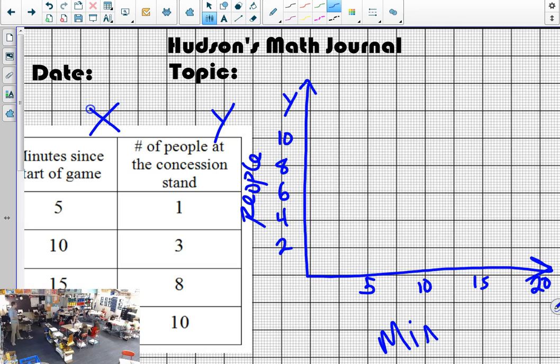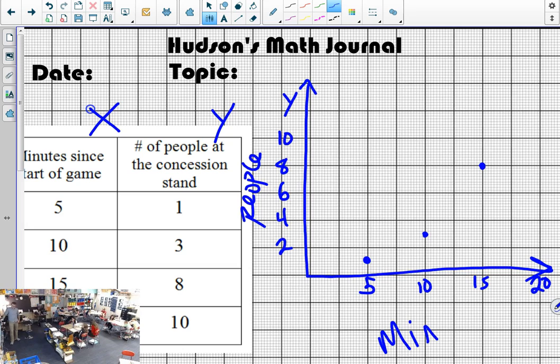We then plot our points. Now that my axes are correct, x has to be time, y has to be whatever else. 5 minutes. What's my y value? How high do I go? 1. So I'm going to go in the middle of this box. 10 minutes. How many people? 3. 15 minutes? 2, 4, sorry.